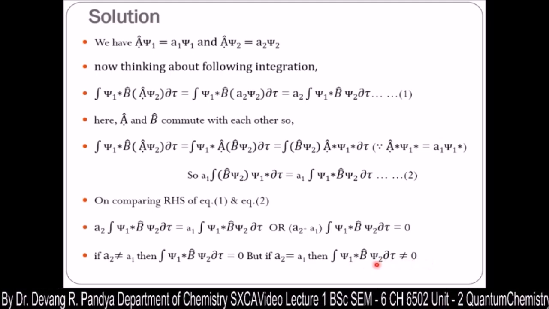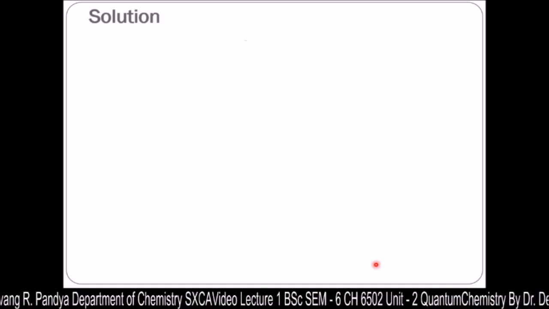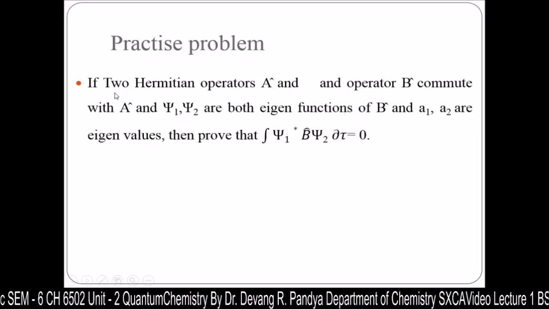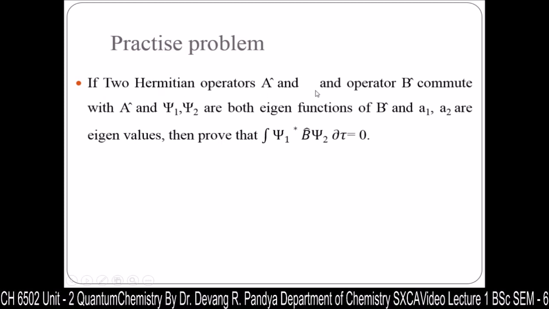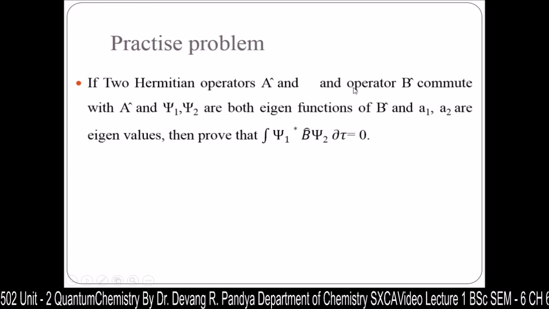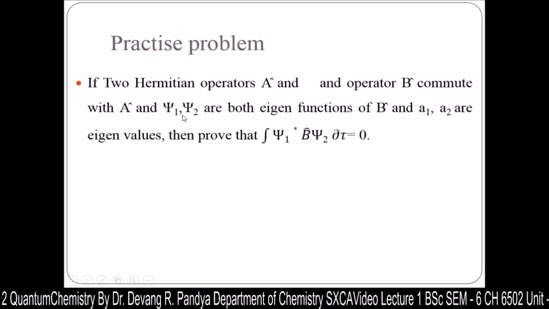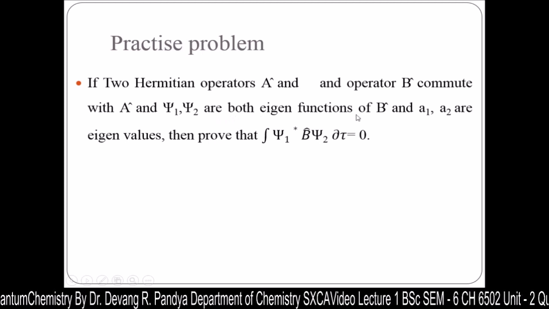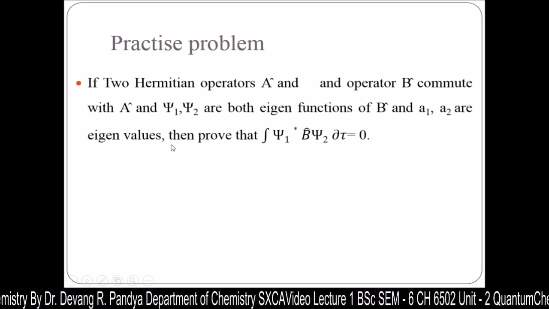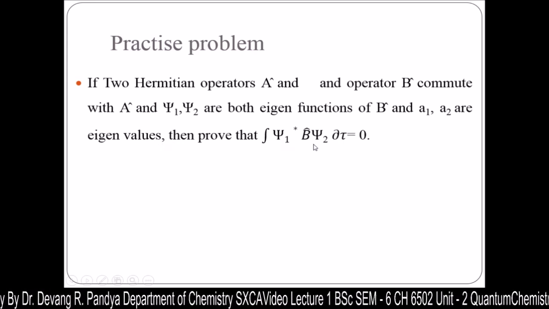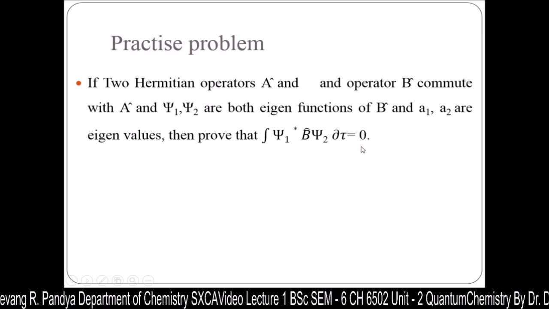So we can say for the following, let me say the statement. Well, I am talking about this. If two Hermitian operators A and B, and operator B commutes with A, and psi 1 and psi 2 are both eigenfunctions of B, giving A1 and A2 as the eigenvalues, we need to prove integration psi 1 star B psi 2 d tau is equal to 0.